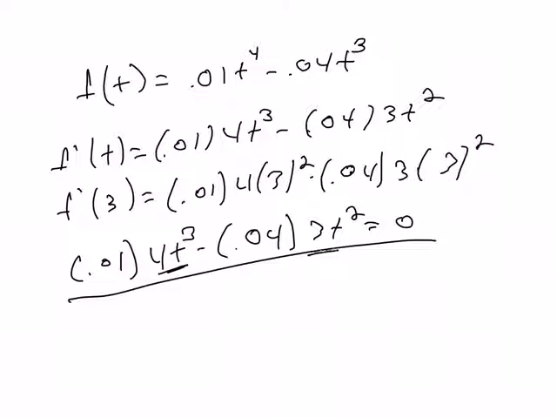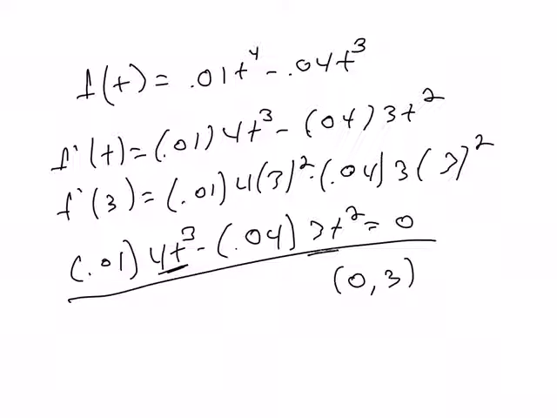So we have 0.01 times 4 times 4. I'll just pause it and write it out. So we have that this is at rest at 0 and 3. So for the next problem, when is the particle moving in the positive direction?